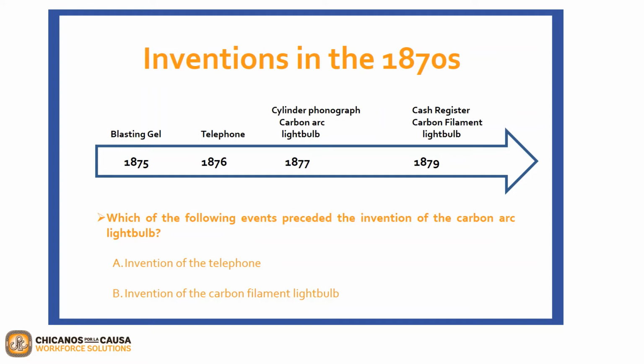The word preceded means before, and timelines are read left to right from oldest to most recent. Therefore, the carbon filament light bulb was invented after the carbon arc light bulb and the telephone prior to the arc light bulb. So, if you chose A, you are correct.